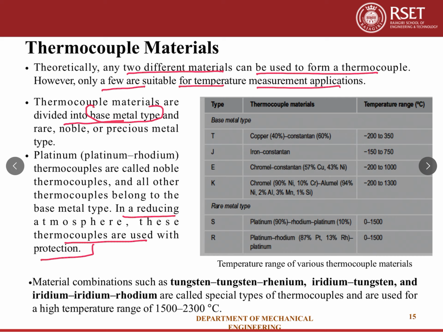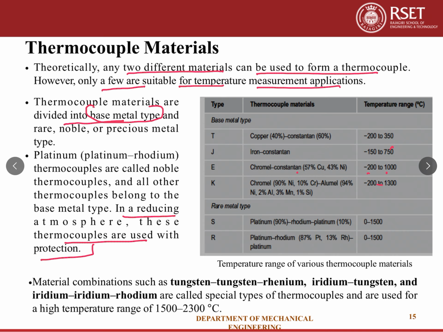Here in the chart we can see different combinations of thermocouple material: copper and constantan, iron and constantan, chromel and constantan, minus 200 to 1000 degrees, and chromel and alumel. These are examples of the base metal type.